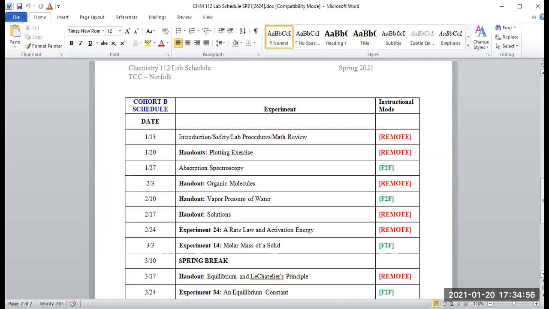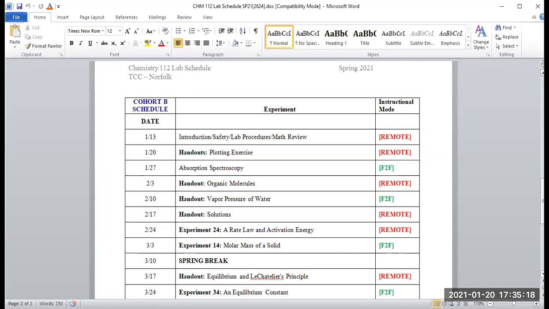The absorption spectroscopy, which is in your lab book, will occur next Wednesday, same time that we're doing this now, 5:30. It takes a couple of hours. I have 7 people designated to be the B group.